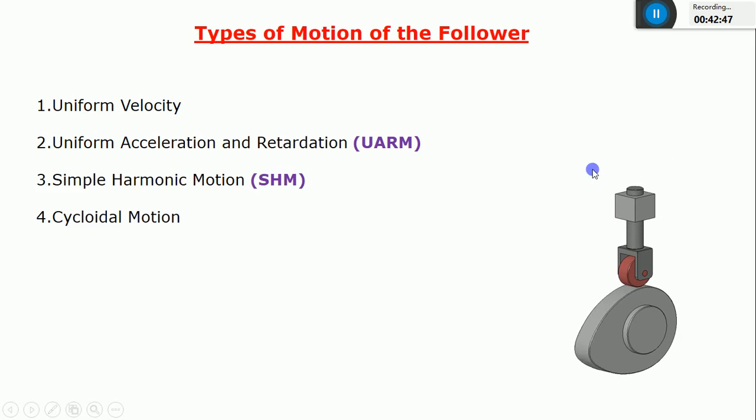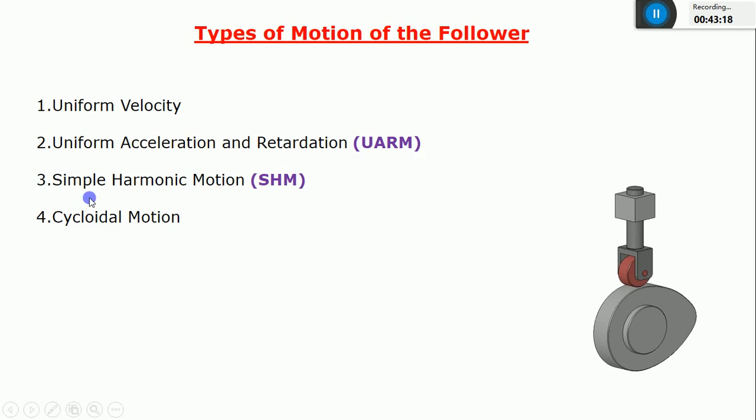Okay, and what are those different types of follower motions? These are the four important follower motions. The first one is uniform velocity. If the follower is moving with a uniform velocity, I can call it a uniform velocity follower. One more is uniform acceleration and retardation of the follower, which in short I can call UARM.